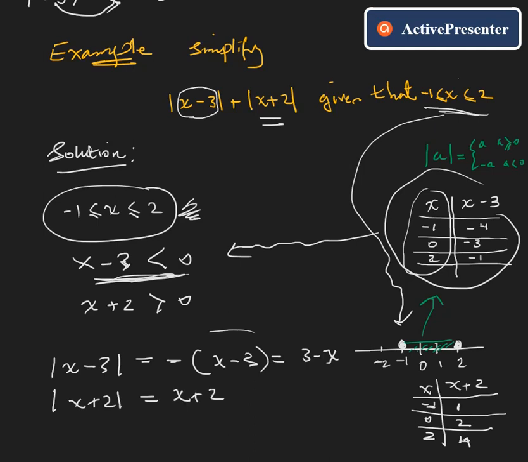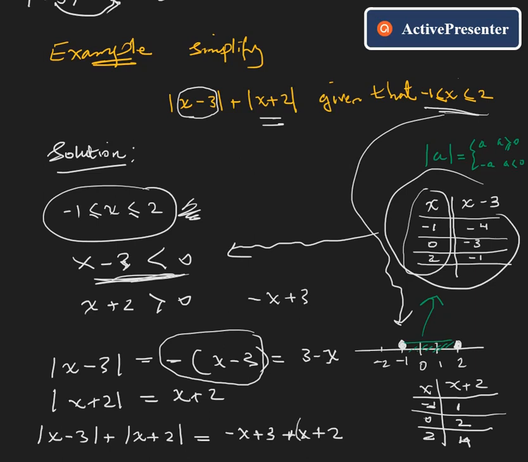Of course, the first one could be written as minus x plus 3. So to simplify the question, the absolute value of x minus 3 plus the absolute value of x plus 2 equals minus x plus 3 plus x plus 2. Combining, the x's go, so the answer should be 5. We simplified everything.